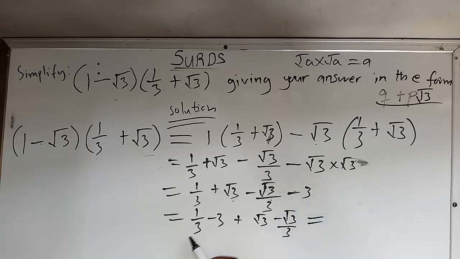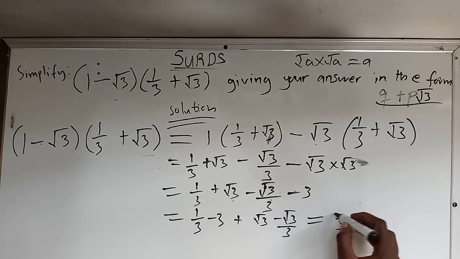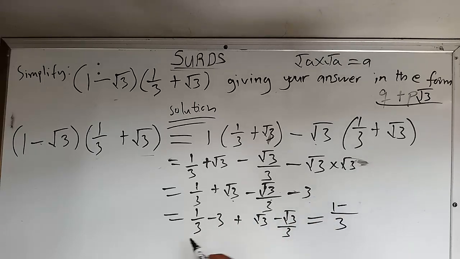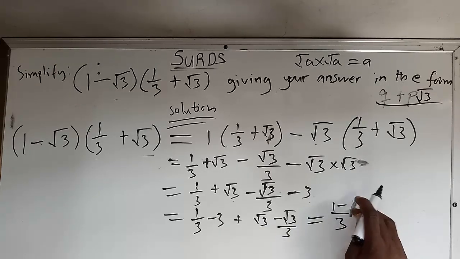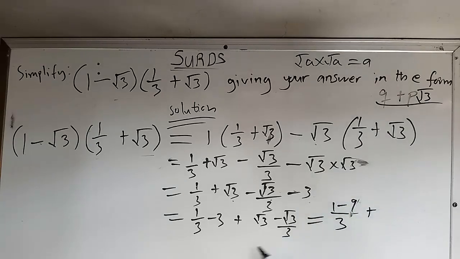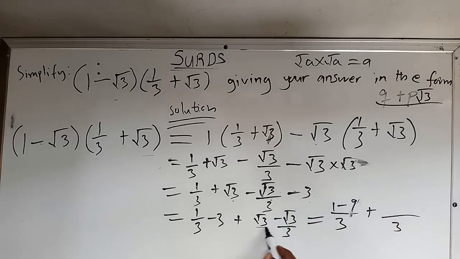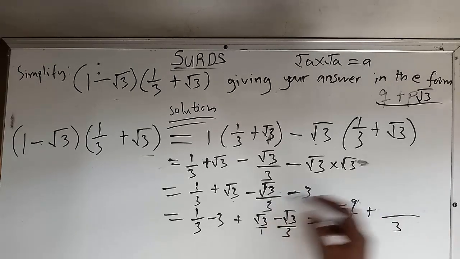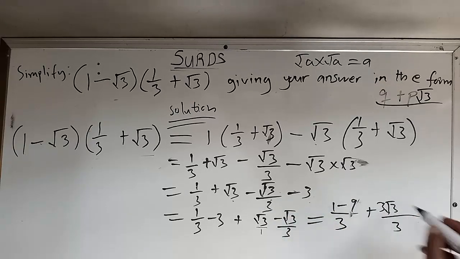So 1 over 3, the LCM here is 3. So we have 1 minus 3 times 3 is 9. Then plus this one, the LCM is 3, this is like over 1. So 1 goes into 3 times this, we get 3 root 3, then minus root 3.